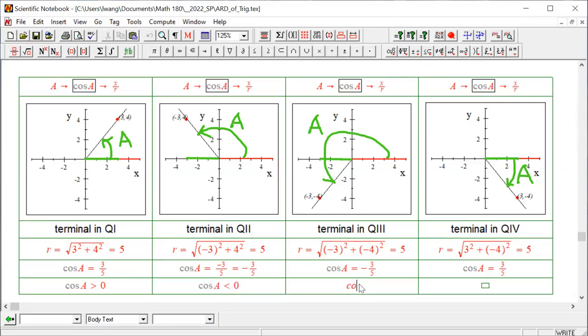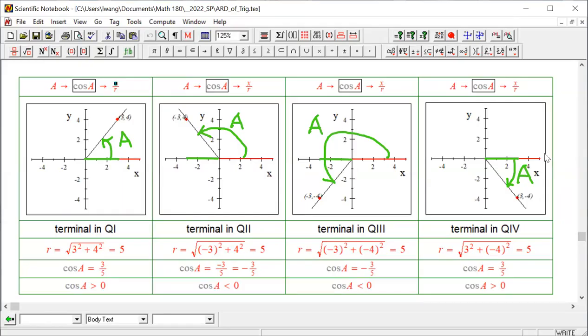In the third quadrant, cosine A is going to be negative. In the fourth quadrant, cosine A is positive. So you can see the sign of cosine is determined by the horizontal terminal coordinate x.